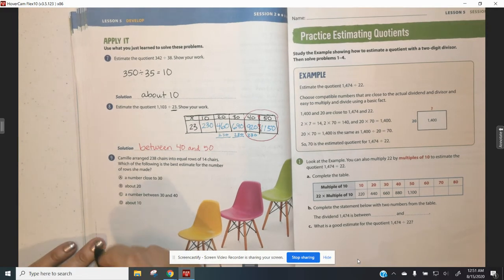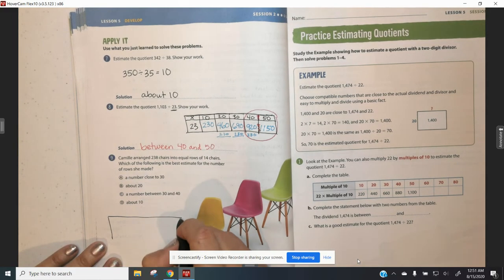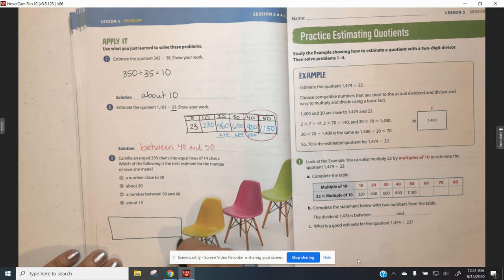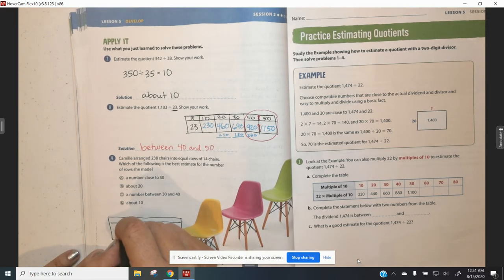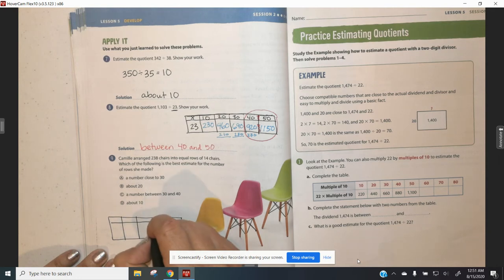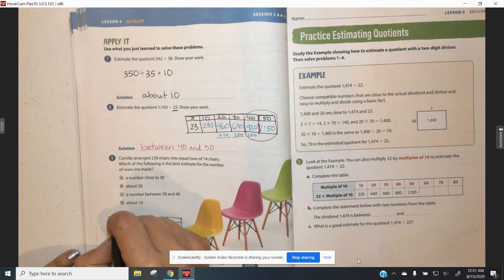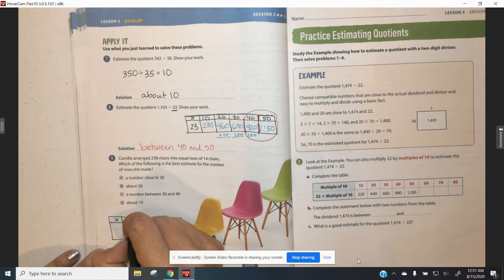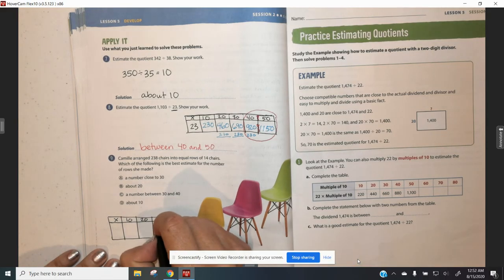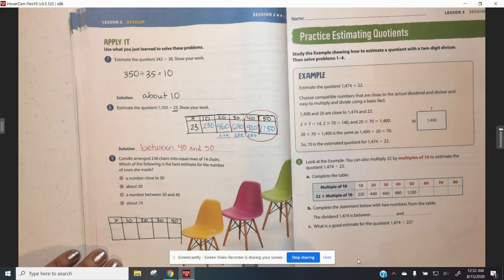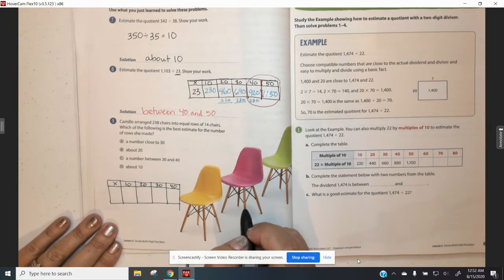I'm going to go ahead and make another multiples of 10 chart because that is just my favorite method. I think that making these is the best skill you can learn because it helps you. If you don't know your multiplication facts, you can easily make this on your own without even having a multiplication chart.